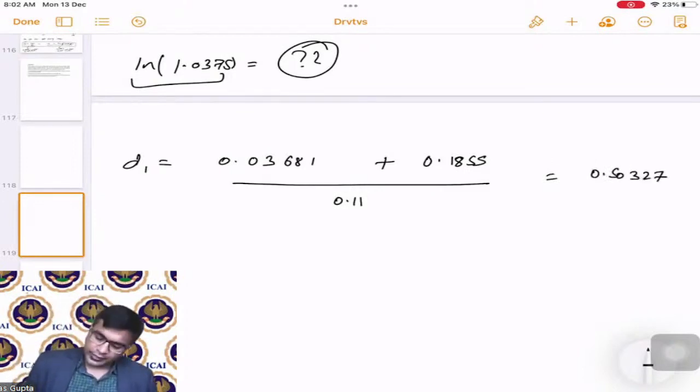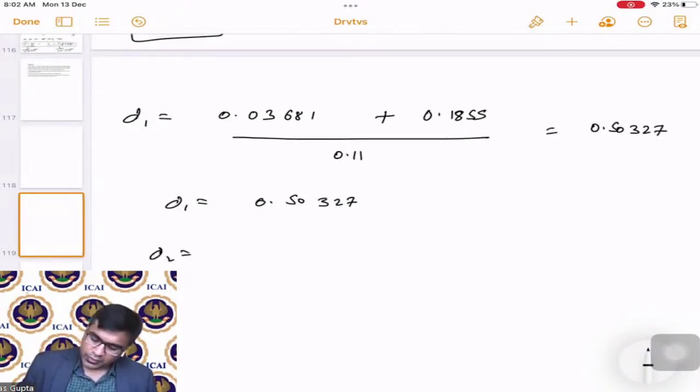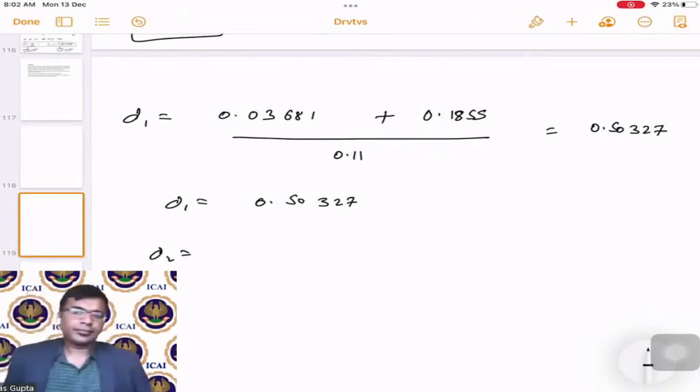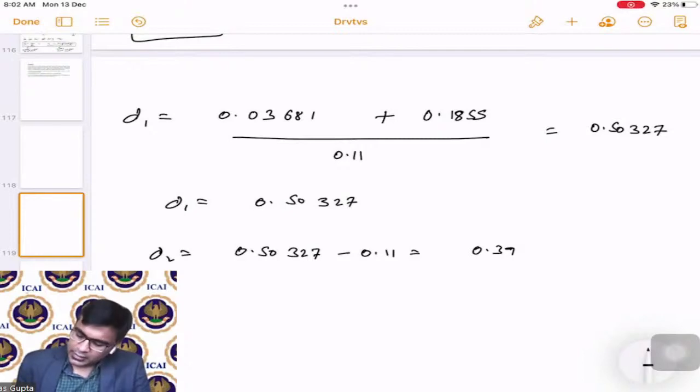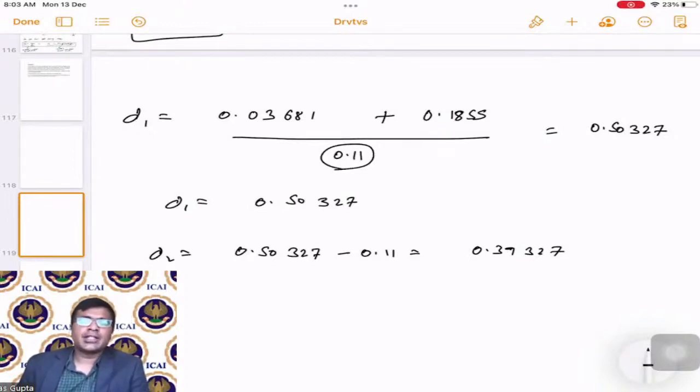This is called D1. Similarly, D2 will be calculated as 0.50327 minus 0.11, which is equal to 0.39327. This is called D2, which is D1 minus the denominator of D1, which is V under root T.